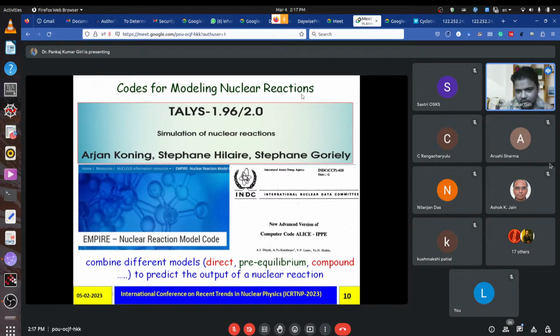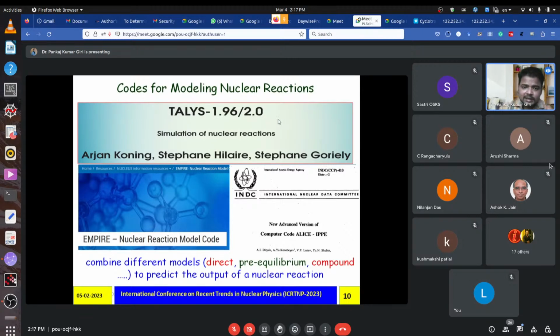So we'll be addressing that aspect today. There are some model codes which are available in the market, but the codes have their own limitations. These three that I listed here are the more comprehensive ones. Why more comprehensive?